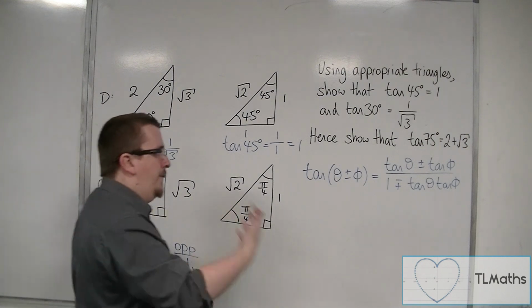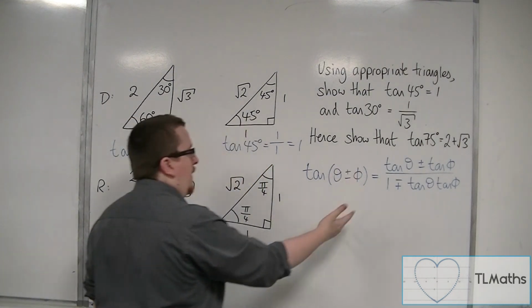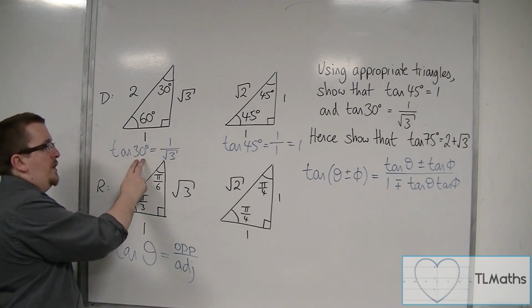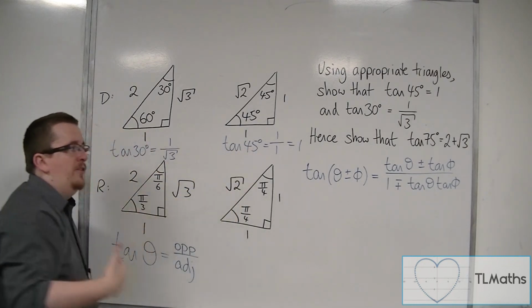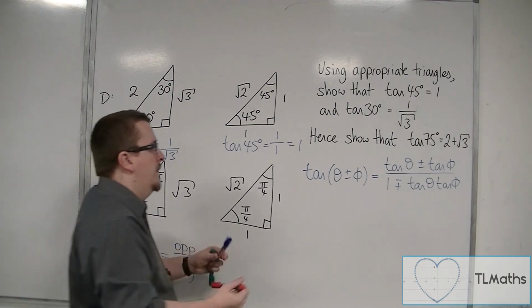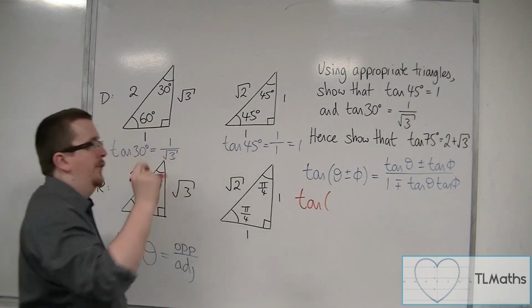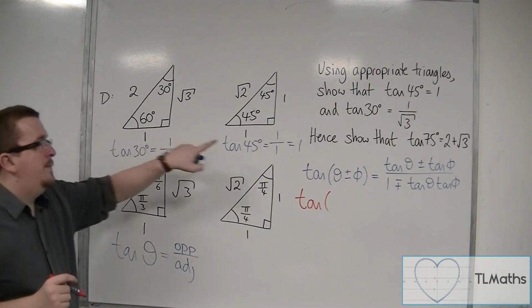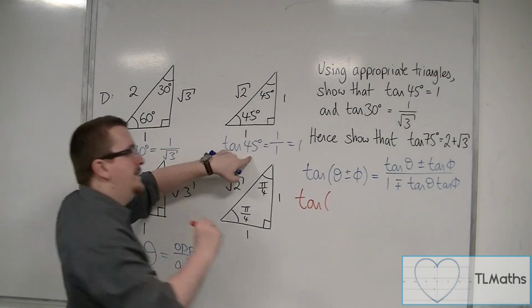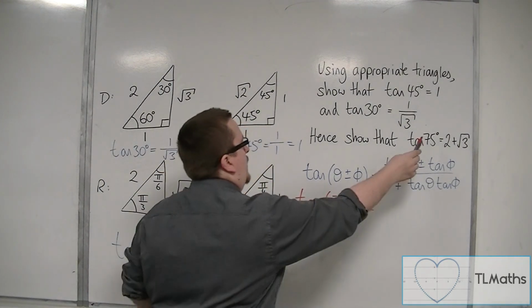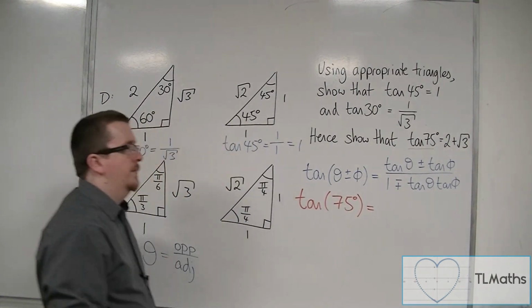So tan of theta plus phi, if I take theta to be 30 degrees and phi to be 45, then theta plus phi is 30 plus 45, which makes the 75 degrees. So that's the bit there.